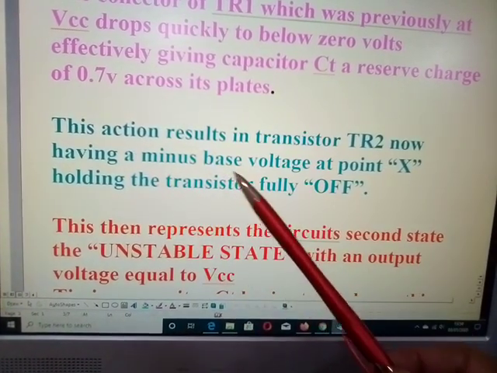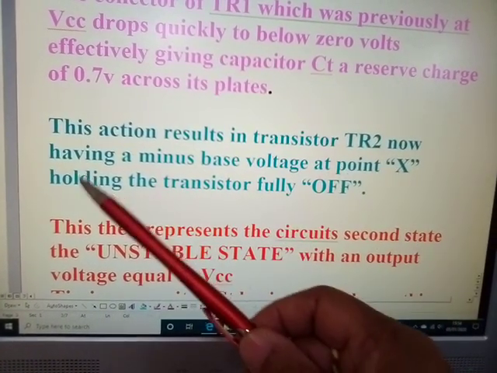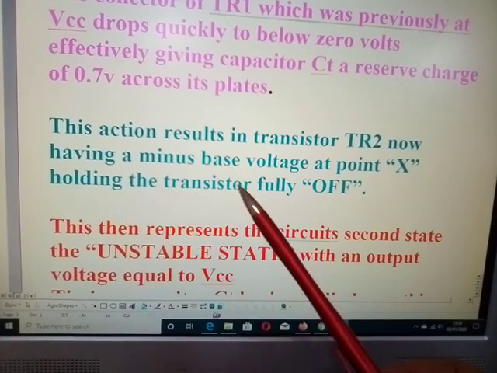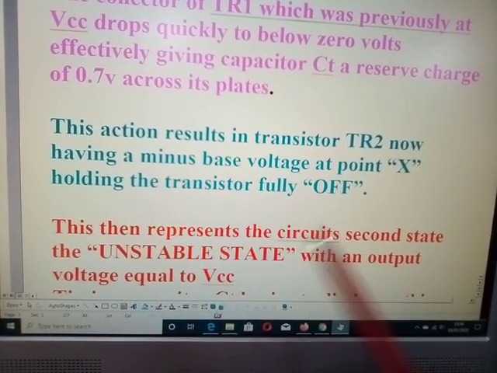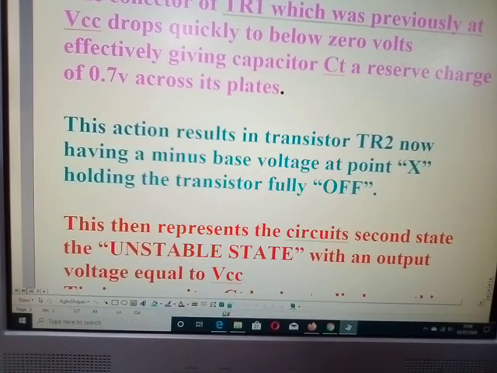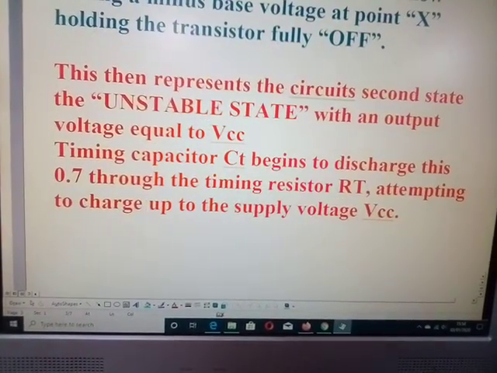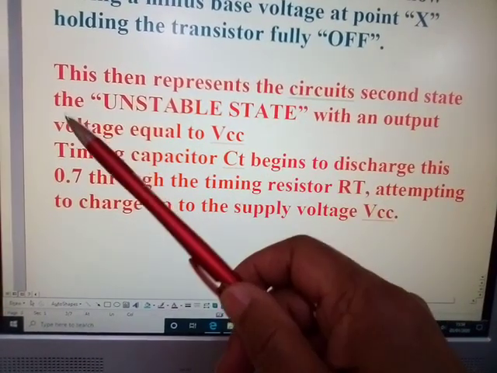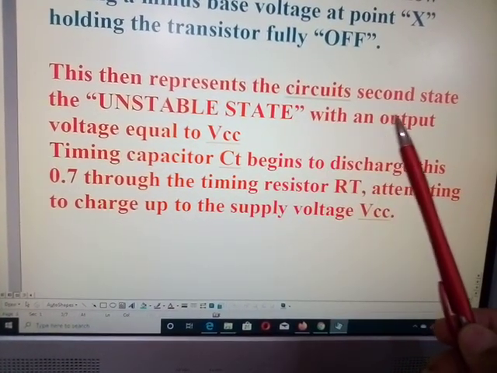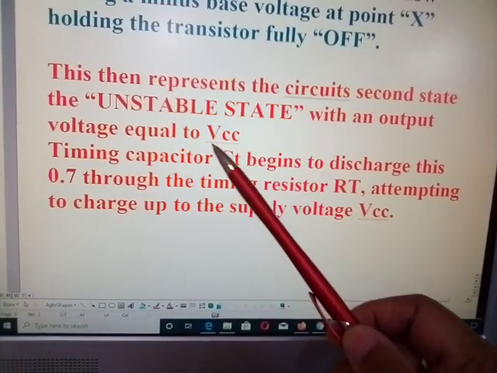This action results in transistor TR2 now having a minus base voltage at point X, holding the transistor fully off. This then represents the circuit's second state, the unstable state, with an output voltage equal to VCC.